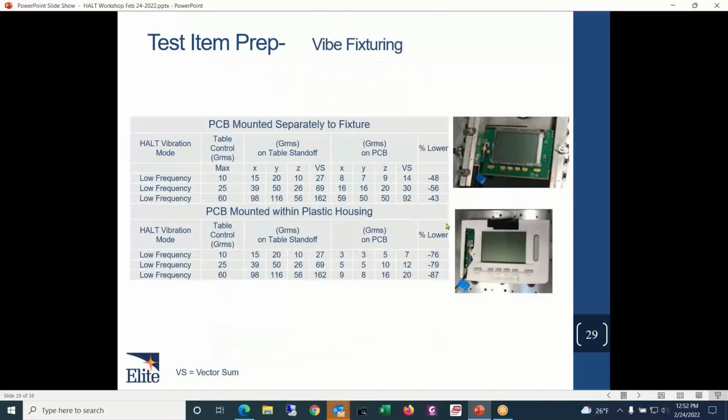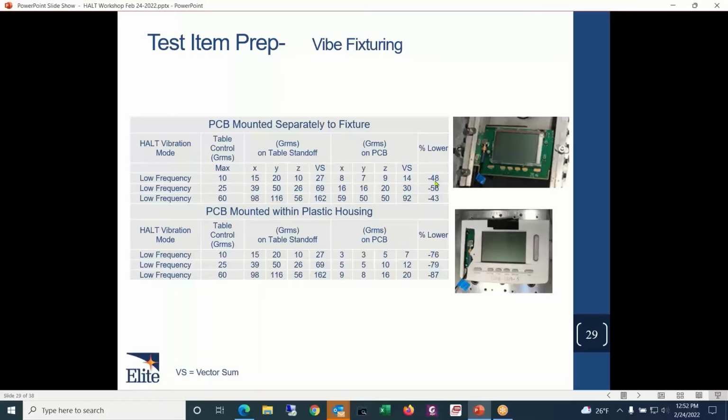And again, the point being that, as you can kind of see here, when you have the PCB mounted separately to the fixture, in this case over here, when you look at the vibration measured on that standoff, if you get a vector sum here when our table is set at 10 Gs, you would get a vector sum on the standoff of about 27 Gs, but on the actual printed circuit board, we're measuring 14 Gs.